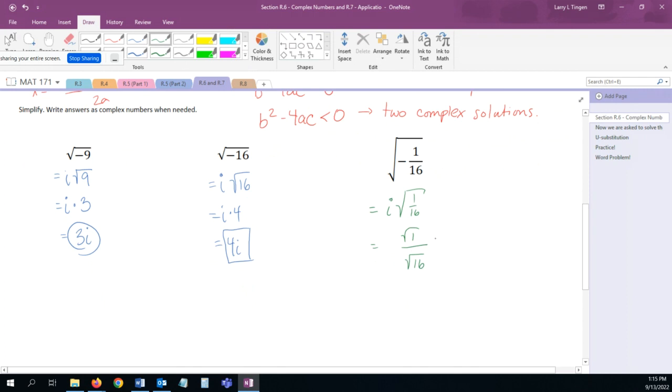And the i will go over here to the right, not because it's wrong if it's on the left, it's just formatting. Square root of 1 is 1, square root of 16 is 4, and then there's the i. I used to write i's like that. There we go. And people could read them.